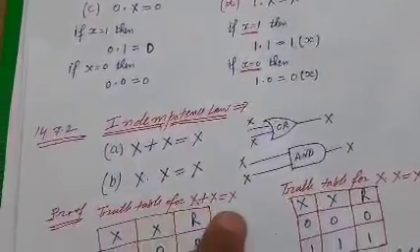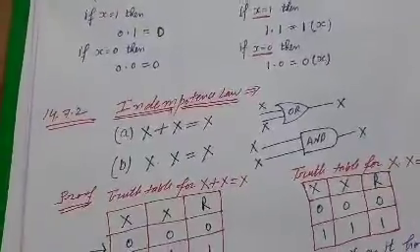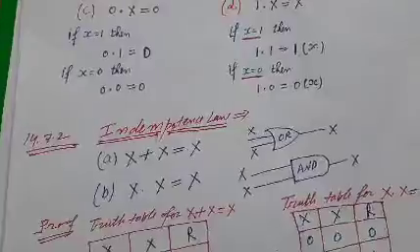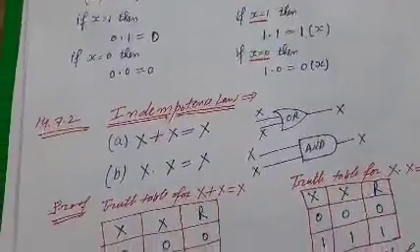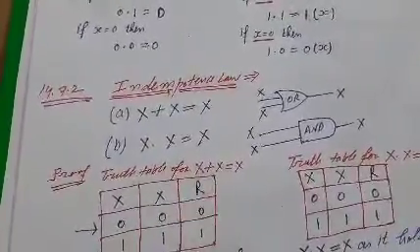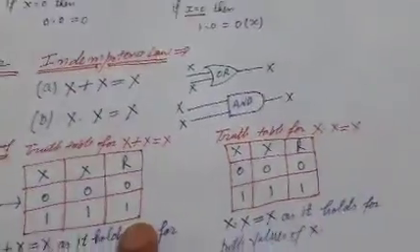X plus x equal to x, meaning x is a single variable that has the value 0 and 1. Then x is also a single variable, with the same values 0 and 1. If we add 0 plus 0, the final answer is 0. 1 plus 1 equal to 1. That is the property of the OR operator.